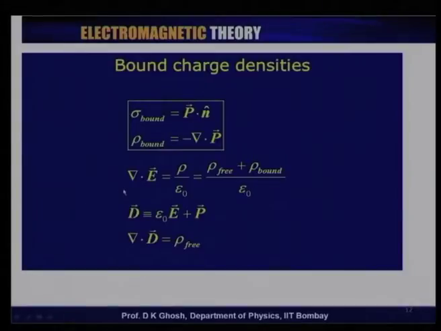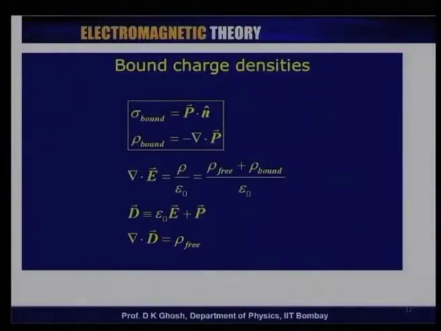Now notice this electric field is the electric field that you actually would measure if you were to put a test charge at the location where you are measuring the electric field, because that test charge will experience the potential generated by free charges that may be there in the body and also the bound charges that are there in the body.